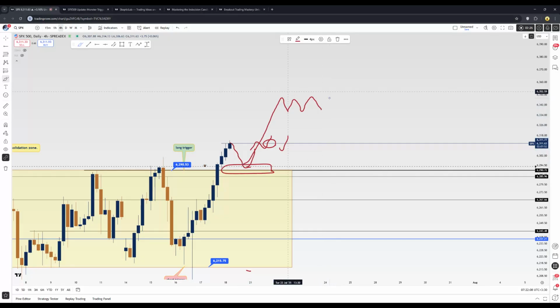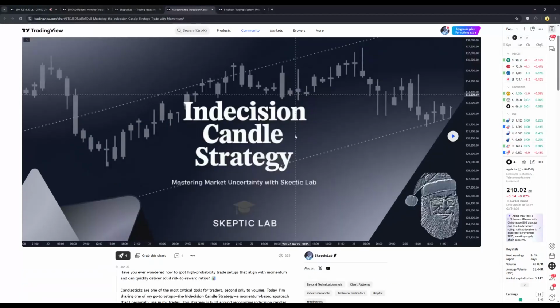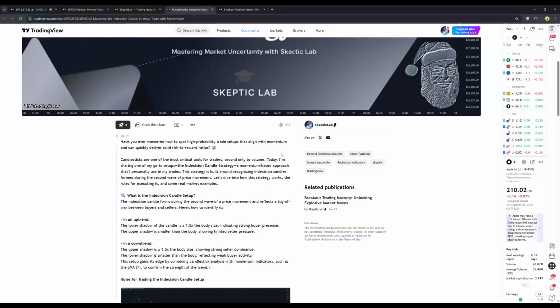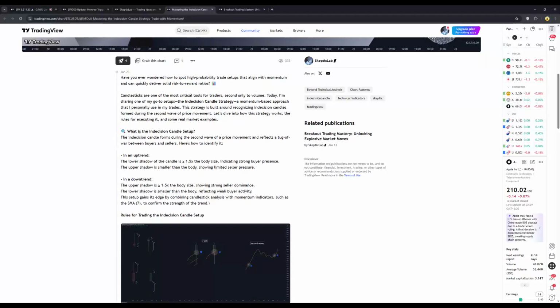And if you're wondering what an indecision candle is, I just wrote an article about that. I will link this in the description. But to summarize, the indecision candle forms during the second wave of a price movement and reflects a tug of war between buyers and sellers.